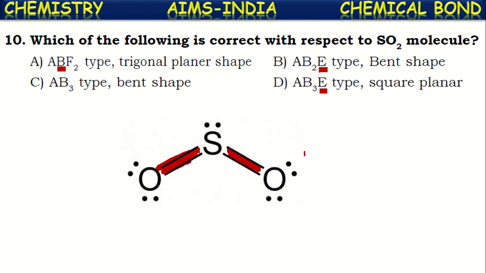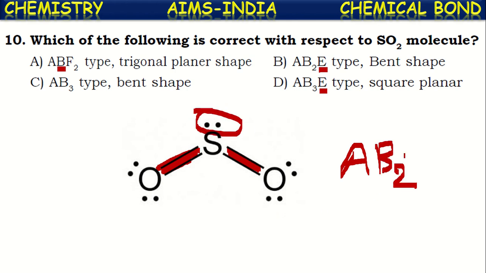Now on the central atom sulfur there are two bond pairs, represented as AB2, and at the same time there is one lone pair of electrons on the sulfur. We say this as E, AB2E. So this is a molecule of AB2E type, and its shape is bent.